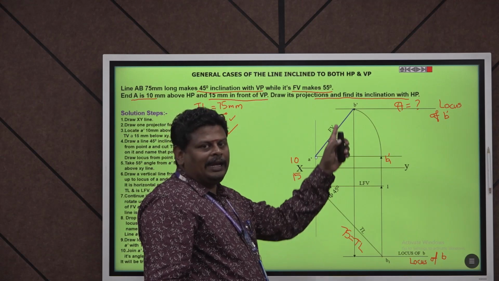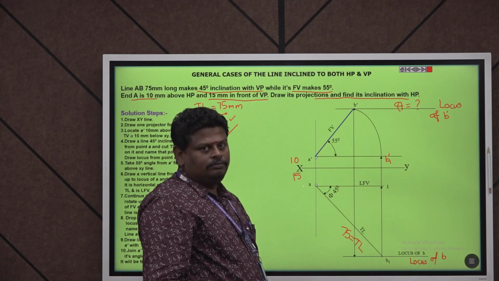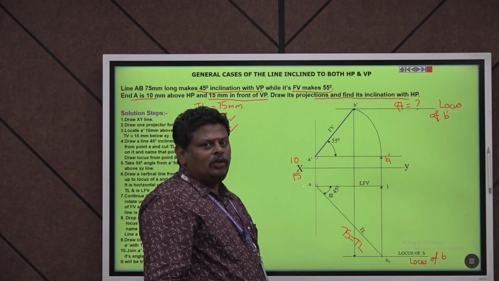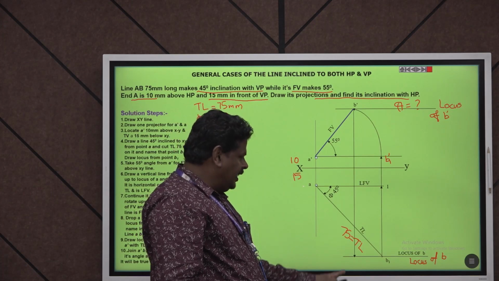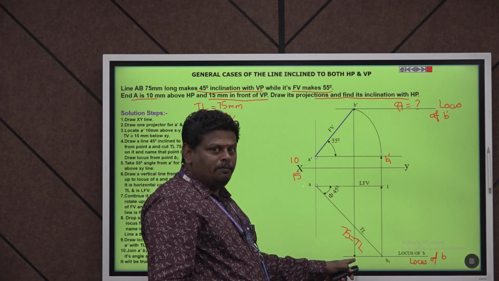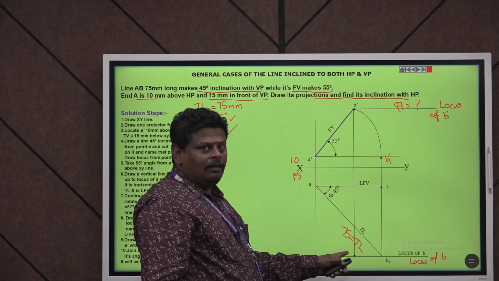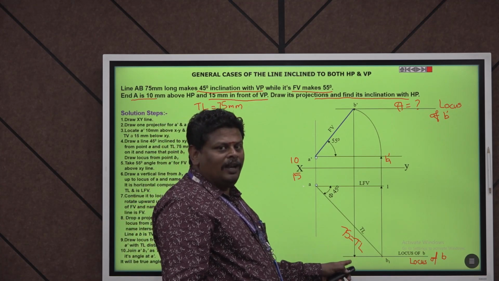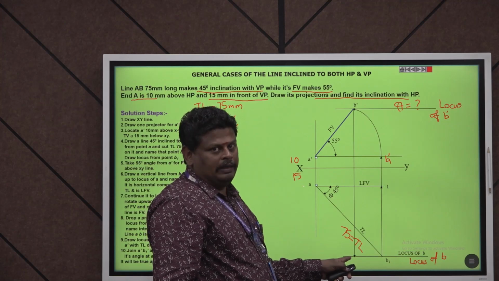From b dash we can directly draw a projection line towards the top view where it reaches the locus of b, because these endpoints will always coincide with each other.